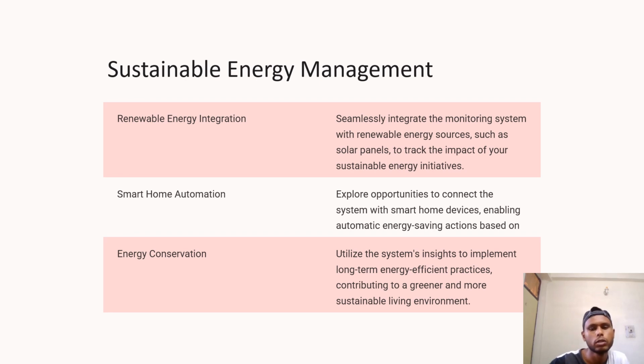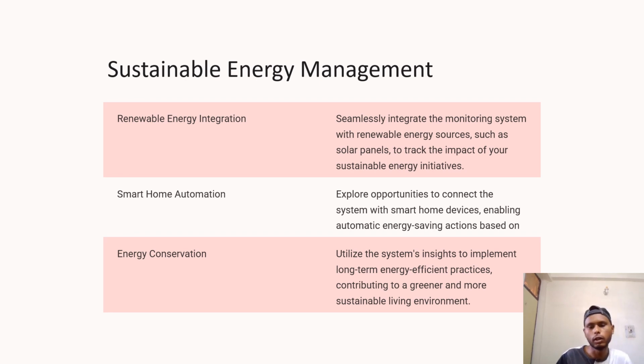And by using smart home automation and smart home devices, in this slide I want to present how we can expand our application software so that it can move towards more smart home automation techniques.